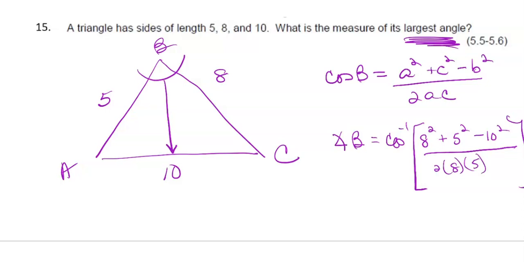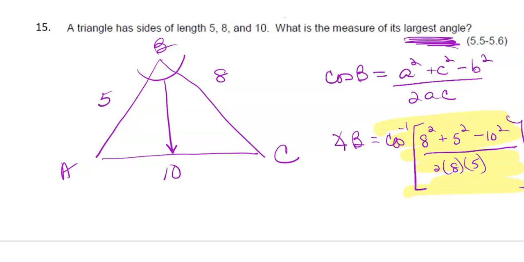This is what goes in my calculator. I say second cosine, I say alpha y equals to get my fraction bar, and I say 8 squared plus 5 squared minus 10 squared. I'm letting the calculator do that work for me. Then 2 times 8 times 5. I'm going to close the parentheses and hit enter.